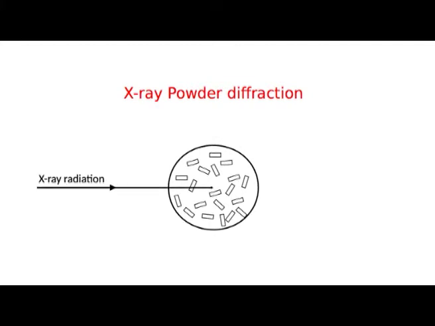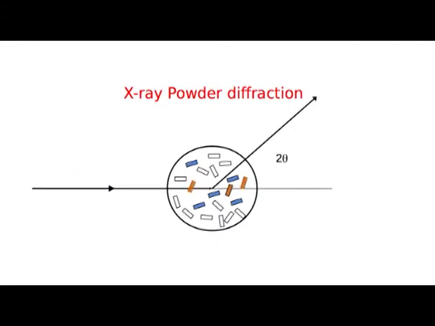Now, in X-ray diffraction, the X-ray radiation will produce coherent interference with those planes which have a favorable angle of incidence with the X-ray radiation, right. Now, as you can see in that cartoon, the blue crystallites, as I have colored them, are those which have produced a diffraction at an angle 2 theta.